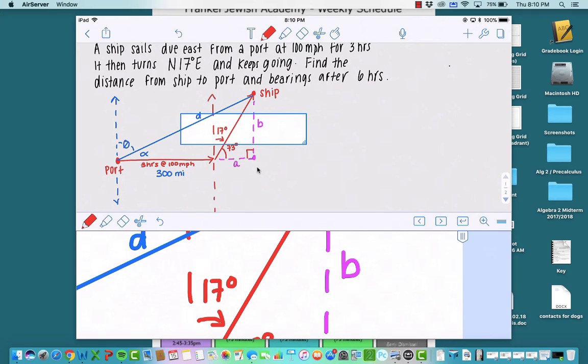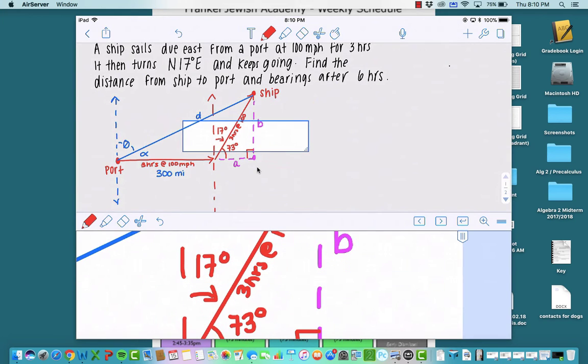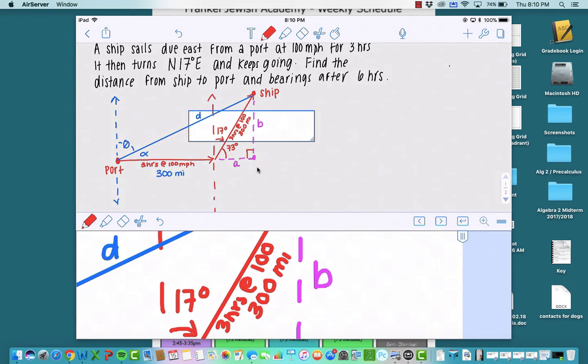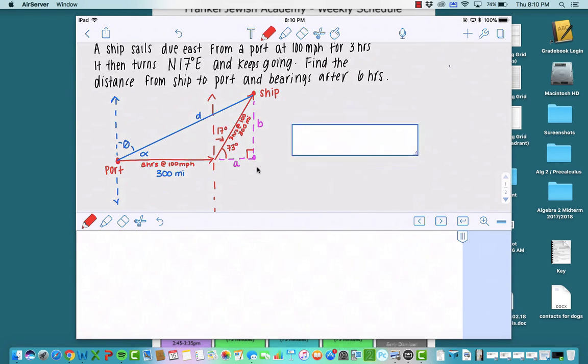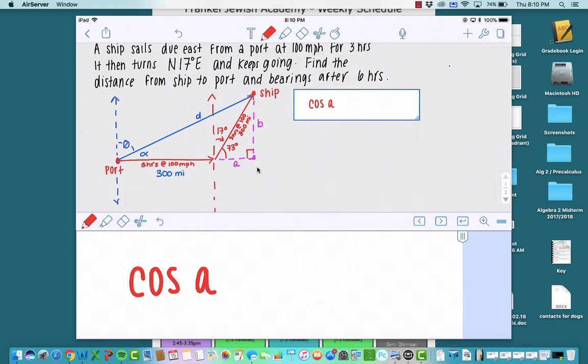So this is also 3 hours at 100 miles an hour, or 300 miles. So to find A, I know that the cosine of 73 degrees is A over 300.